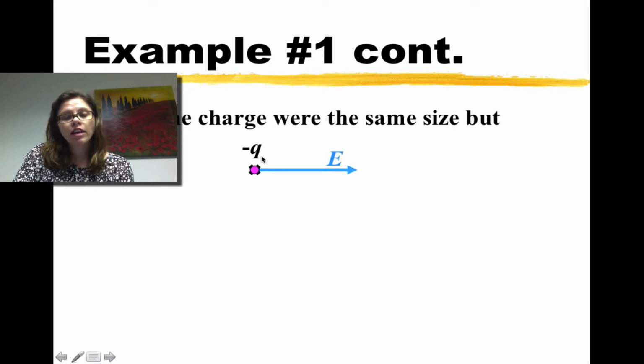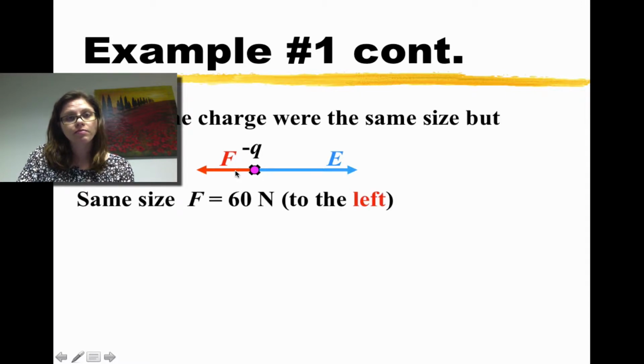The force felt by this charge is in the opposite direction. If this was a positive charge, it would feel it in the same direction as the electric field, but since this charge is negative, it feels it in the opposite direction.